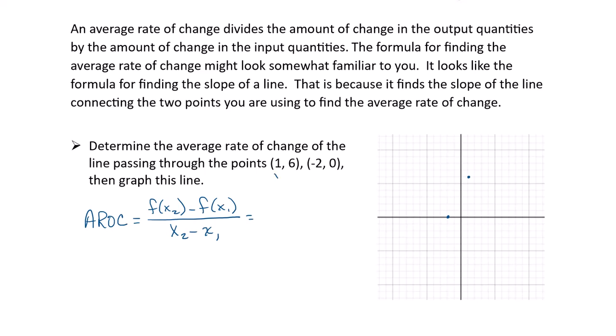This is my x sub 1, my y sub 1, or f of x sub 1. Here is my x sub 2, and here is my y sub 2, or my f of x sub 2. So I'm replacing f of x sub 2 with 0, subtracting f of x sub 1, which is 6, and dividing by x sub 2, which is -2, minus x sub 1, which is 1.